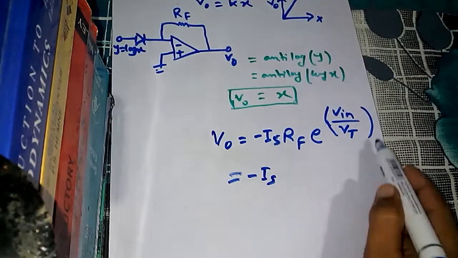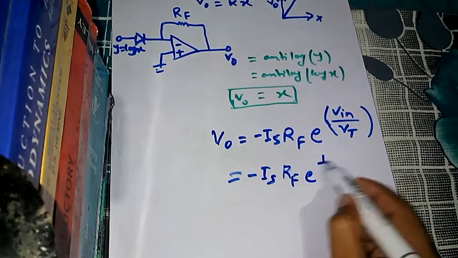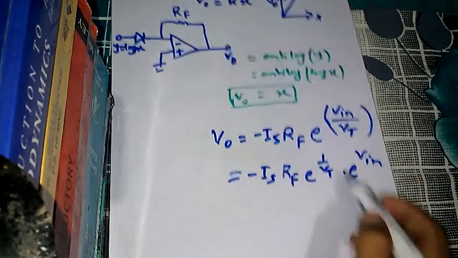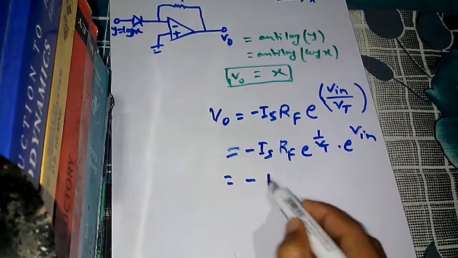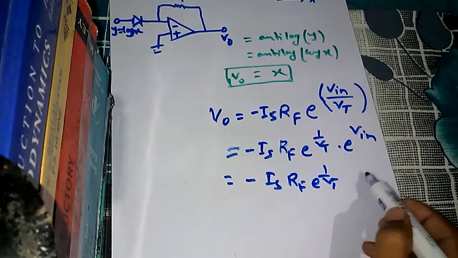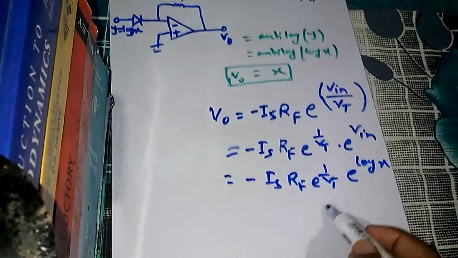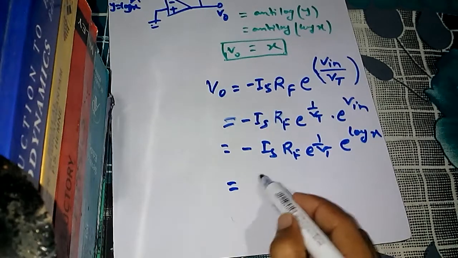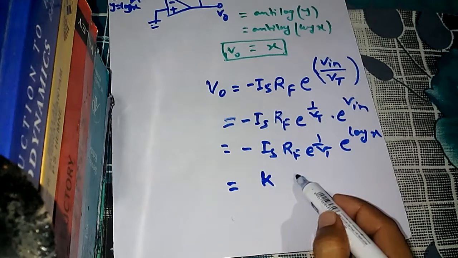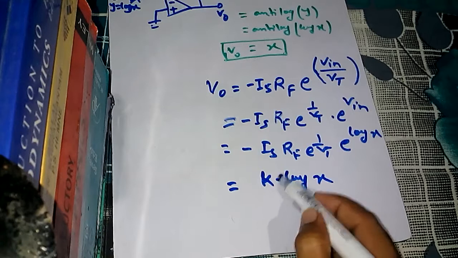Now this we could write as minus Is RF e to the power 1 by Vt into e to the power V in. Now V in is log of x. Now this whole term is a constant, and e to the power log of x.